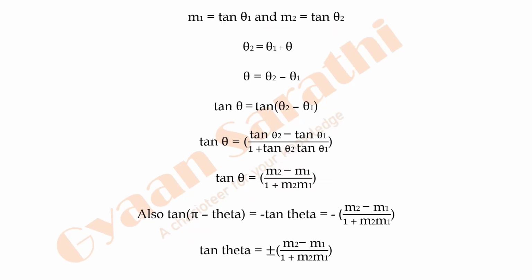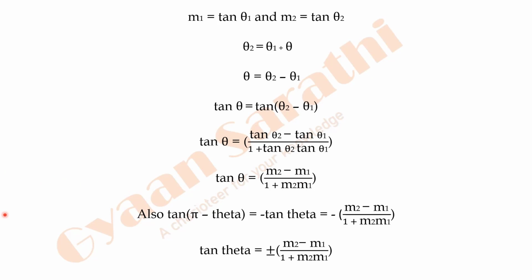Now we have m1 is equal to tan theta 1 and m2 is equal to tan theta 2. Let us move back to the figure; we saw theta 2 is equal to theta 1 plus theta. So theta will be equal to theta 2 minus theta 1.